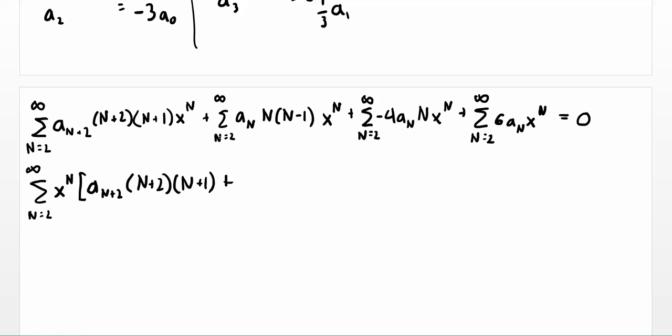That's the first series, and then factoring out x to the n from the second, we get a sub n times n minus 1. Now the third series, negative 4 a sub n, and then from the fourth series, 6 a sub n, and that's everything.